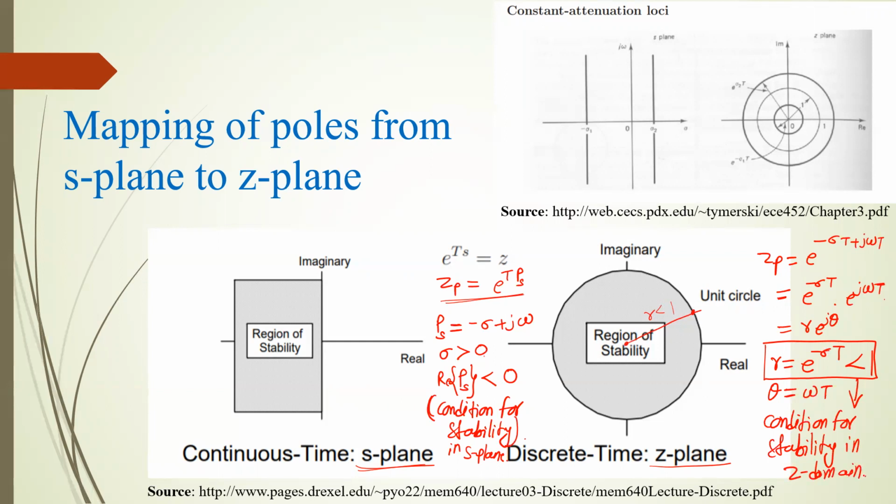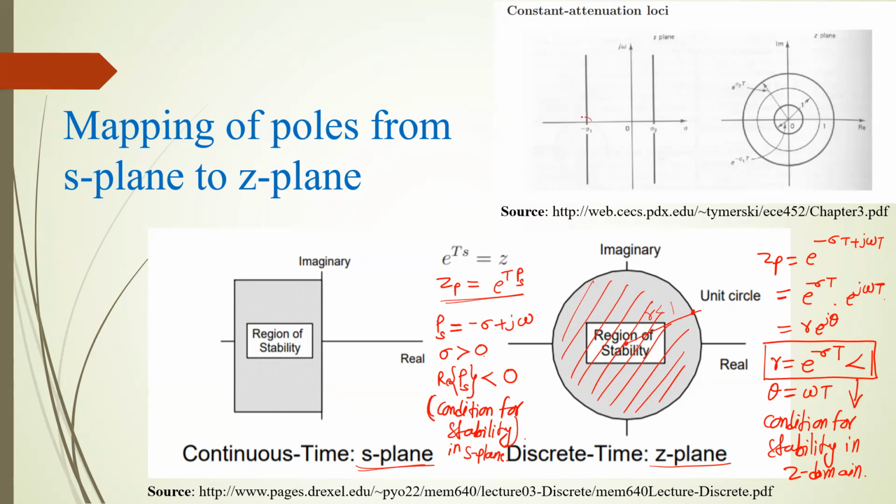So for stability in the Z domain or Z plane, the radius of the circle must be less than 1. This is how we map our S plane into the Z plane or vice versa. Here we have just three examples of poles.